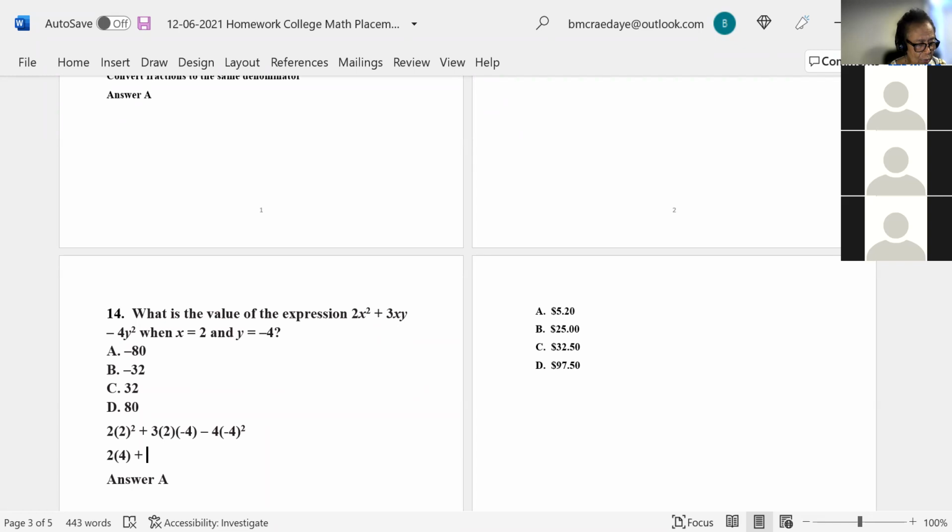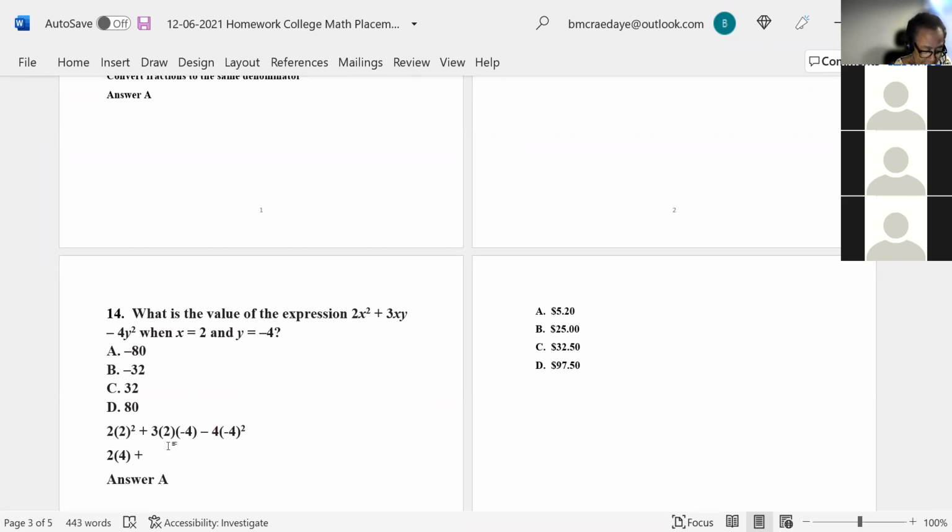So 2 squared is what? 2 times 2 is what? 4. Okay, so that first expression will be 2 times 4. Then what's 3 times 2 times a negative 4? What's 3 times 2? That's 6. What's 6 times a negative 4? 24. So plus or minus?